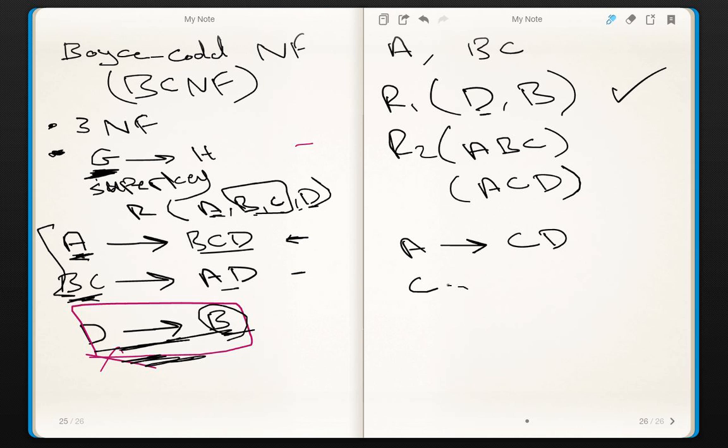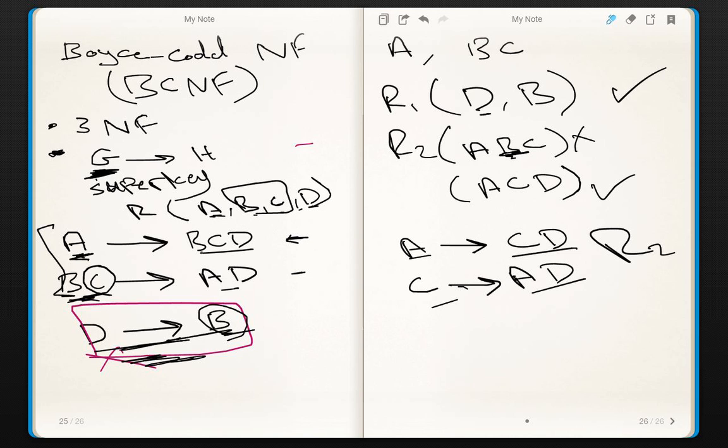And C defines AD. So A defines CD and C defines AD. We can conclude that we want this table. We do not want the other table, as we don't need the B in here. So these are super keys that define everything else in table R2.